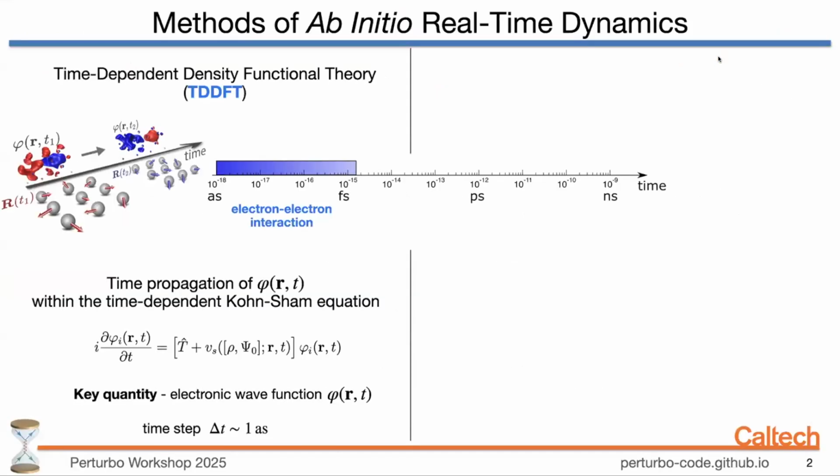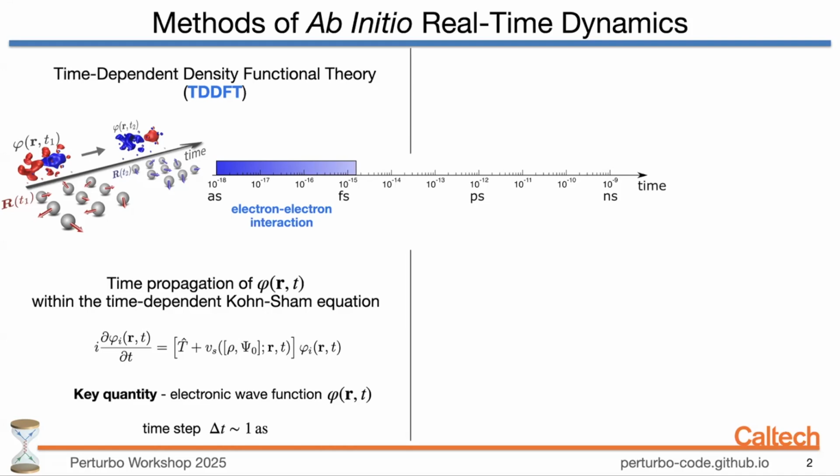So for the problem of ultrafast carrier dynamics, there are many theoretical methods that can be used to simulate these problems. But different methods are suitable for different scenarios and addressing different physical questions. For example, time-dependent density functional theory is a very common method to describe the evolution of electronic wave functions by solving the time-dependent Kohn-Sham equation.